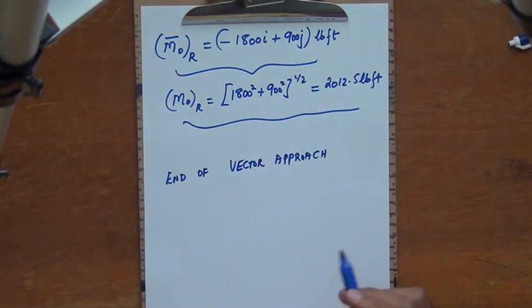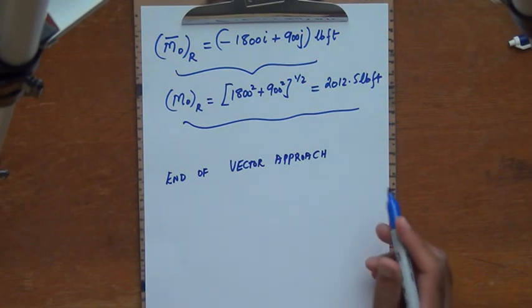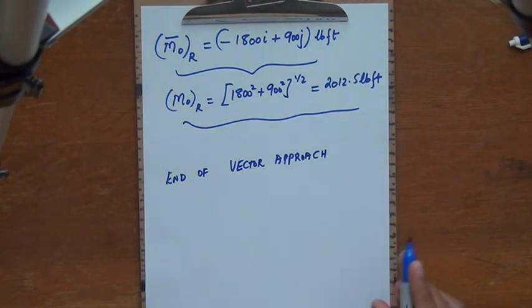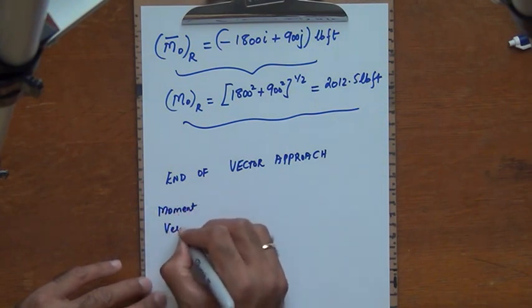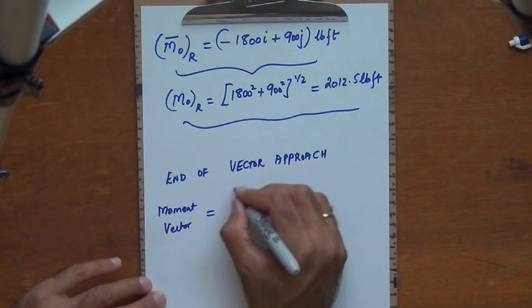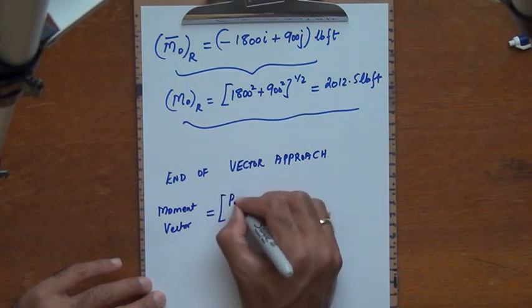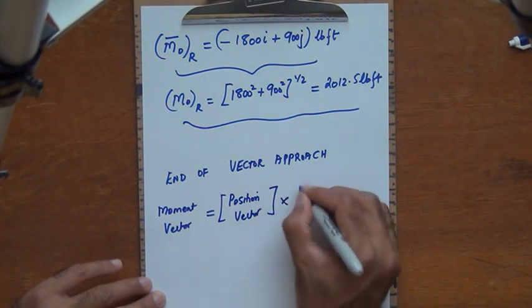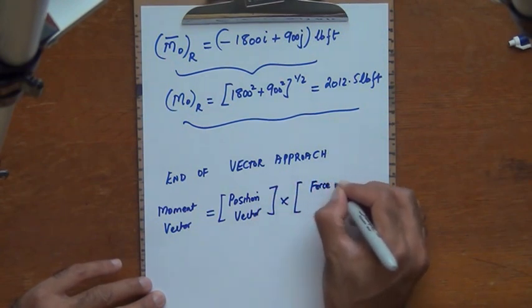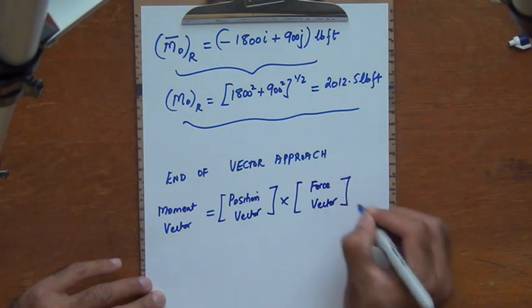The basic idea in the vector approach being moment is the cross product of the position vector times the force vector.